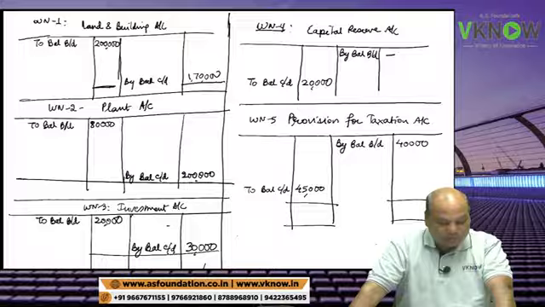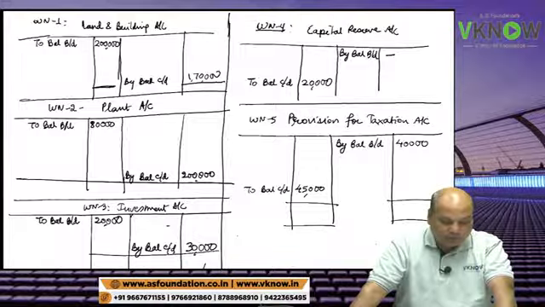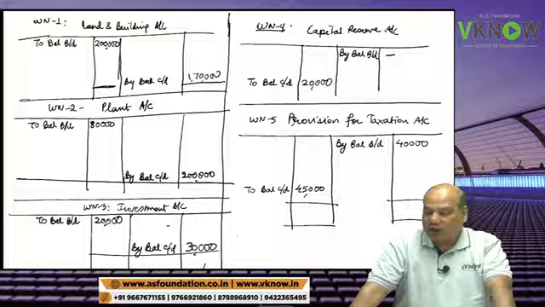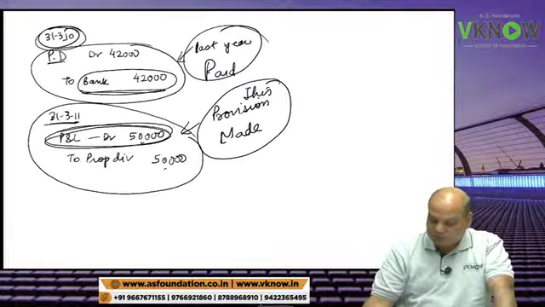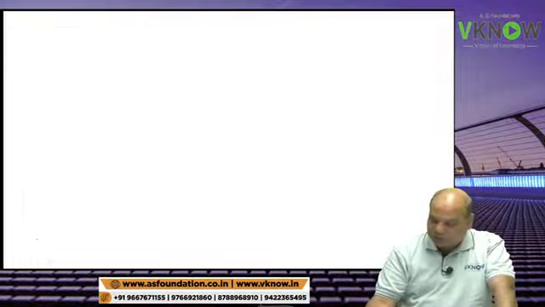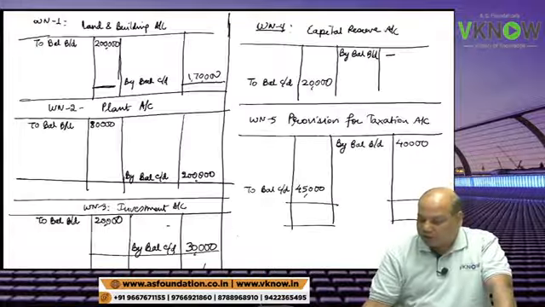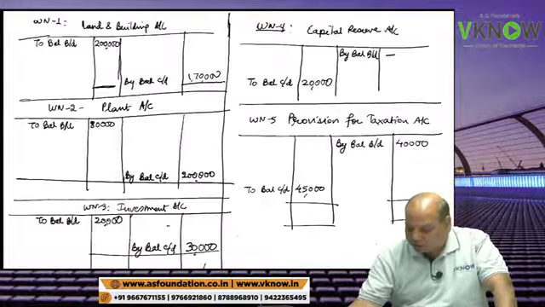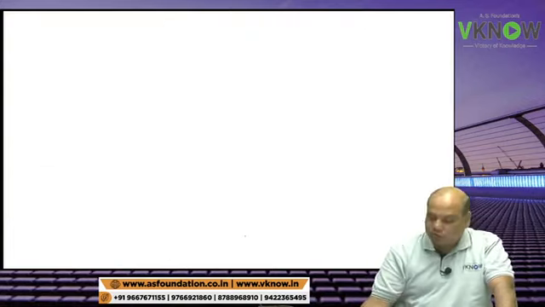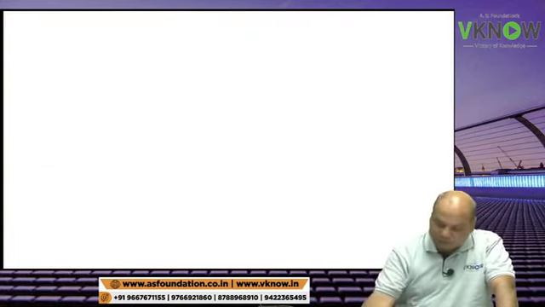Stay with me. A piece of land has been sold out in 2010-11 and the profit on the sale has been credited to capital reserve account. Can you see in capital reserve you have a balance of 20,000? So what entry they have passed?